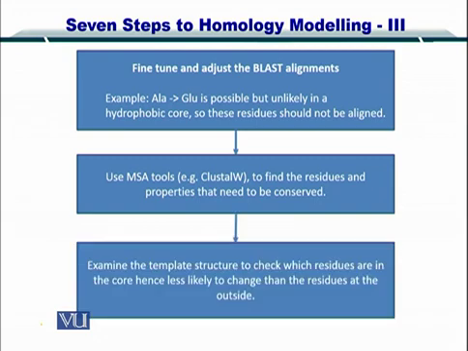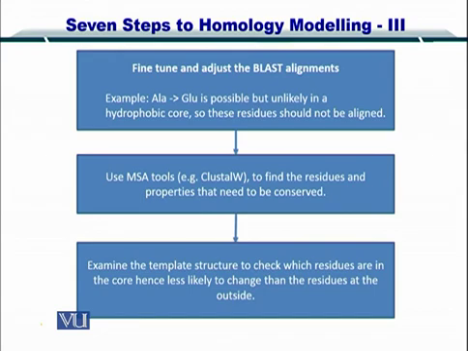And lastly, you examine the template structure to check which residues are in the core, hence less likely to change than the residues on the surface. Please remember that the protein is a 3-dimensional structure and the surface of the protein has those amino acids which evolve and therefore are substituted more frequently as compared to those amino acids which are there in the core of the protein.